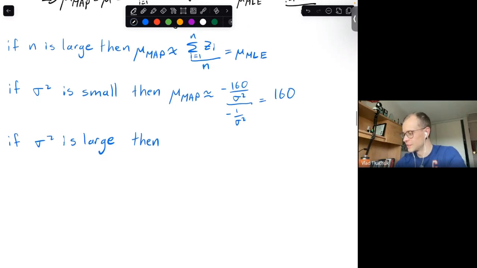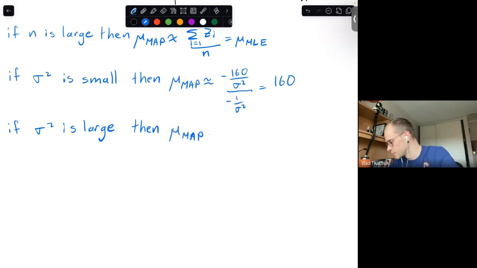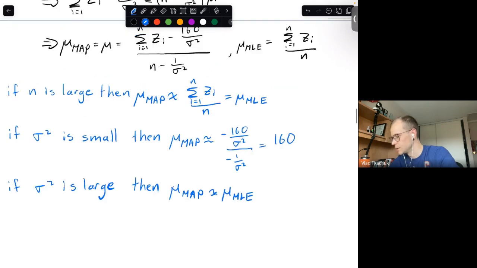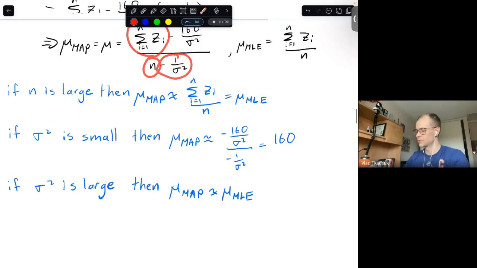So if sigma squared is really large, then what happens is you find that mu MAP is approximately equal to mu MLE. Because if you look at it, if this is really, really large, the variance, then this is almost 0, and you get back these two things. So it's almost mu MLE.